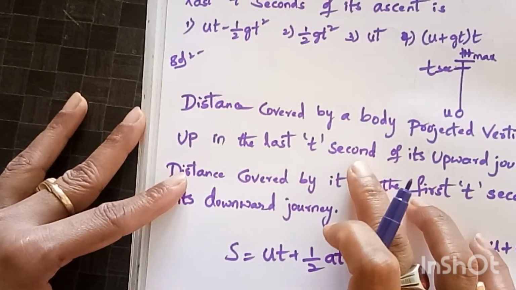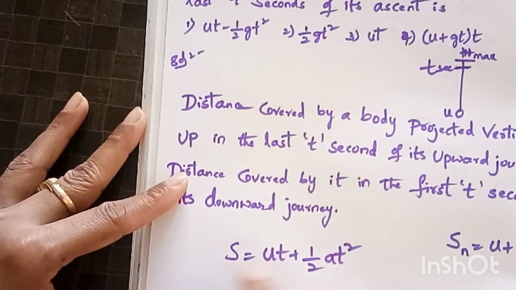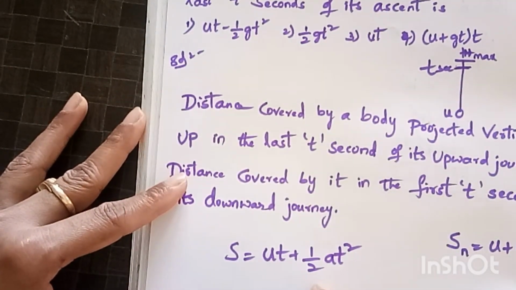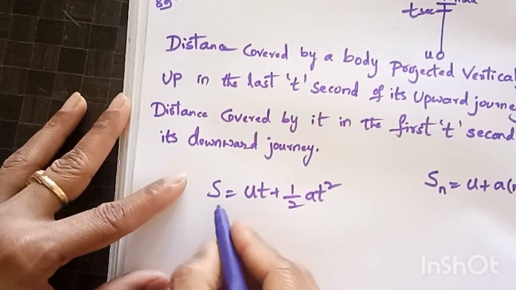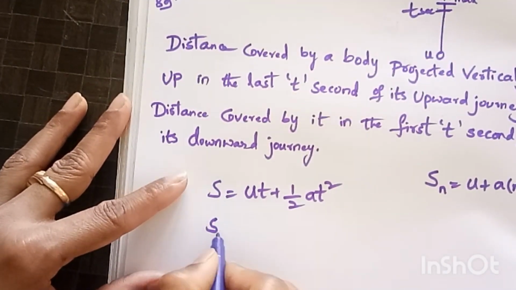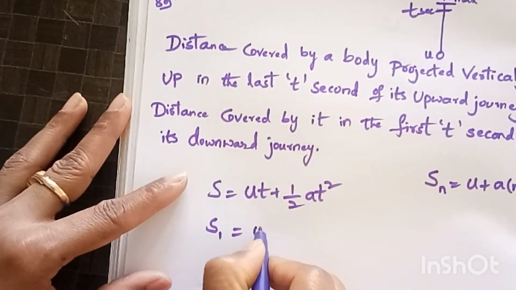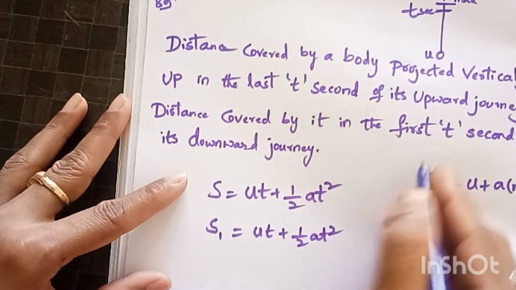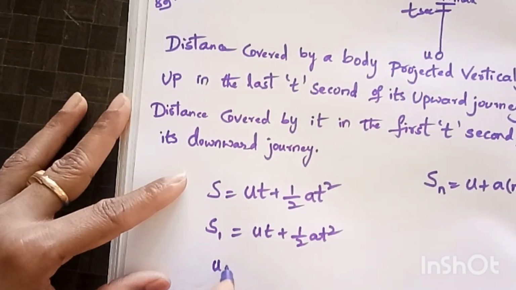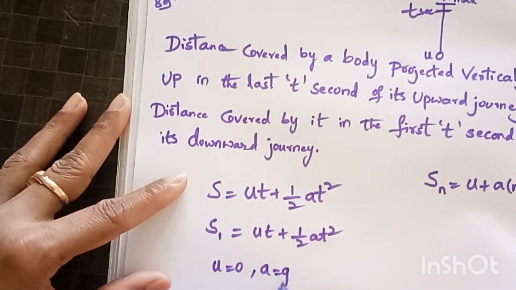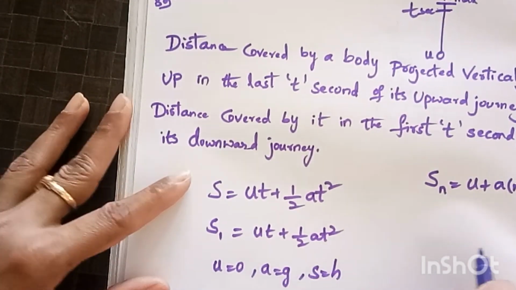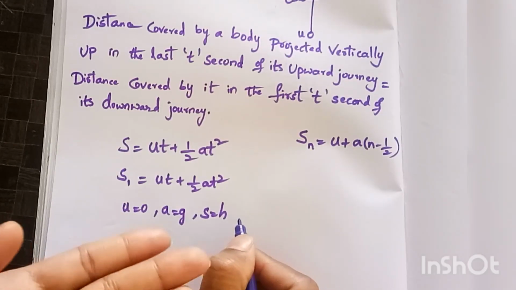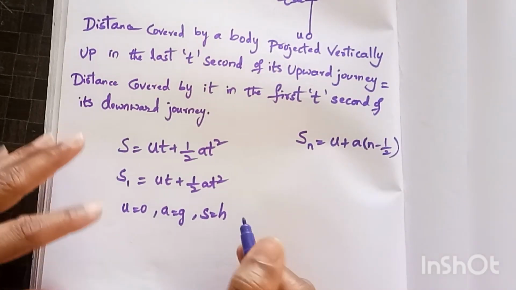We don't know the last t seconds, but we know the first t seconds. So substitute here S1 equals ut plus half at square. For a downward journey, u equals 0, a equals g, and s equals h; you can take s as the height traveled by the body, either distance or displacement.